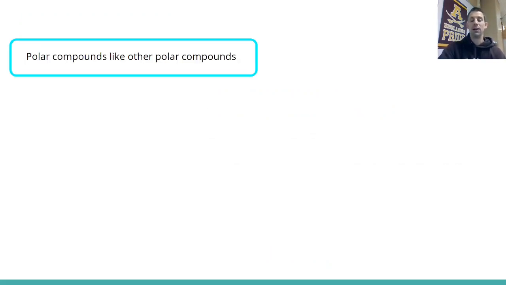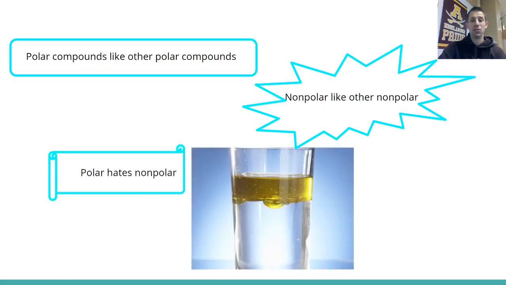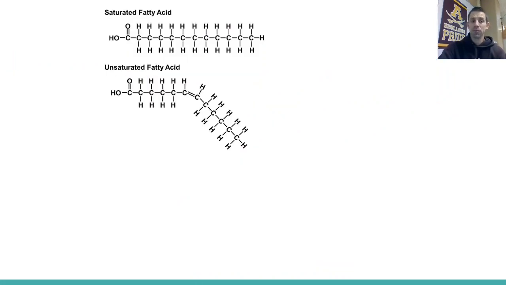The takeaway here is that polar compounds like to mix with other polar compounds. Nonpolar compounds like to mix with other nonpolar compounds, whereas polar and nonpolar do not mix. Their chemical properties are too different and they repel each other, which is why oils repel water and why they're hydrophobic. So let's take a look again at some more examples of different types of lipids.